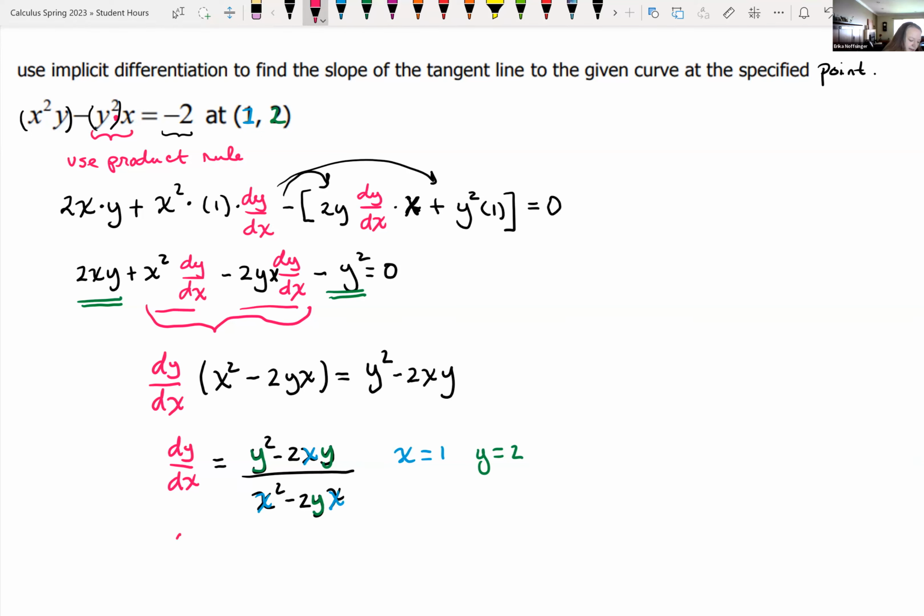So we get dy/dx is equal to 2 squared minus 2 times 1 times 2 all over 1 squared minus 2 times 2 times 1.